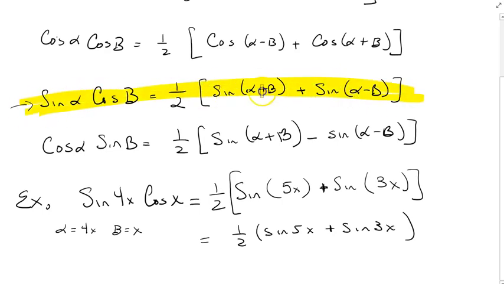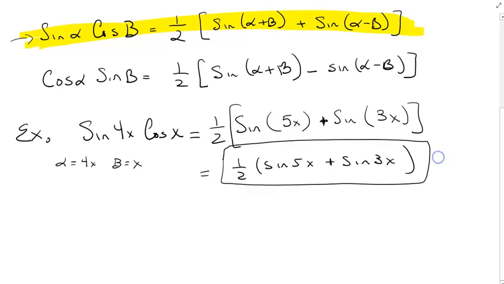It's really easy to mess up, so please make sure you follow the correct formula. I don't know why I wrote the minuses, so make sure you do that. So you get 1/2 sine 5x plus sine 3x. You cannot combine them together. That is not sine of 8x. Okay, it's like adding an x and a y together. You cannot bring them together. So it just stays like that, and that is your answer.